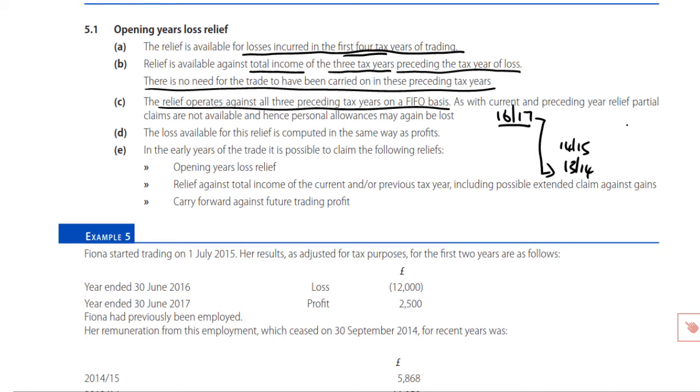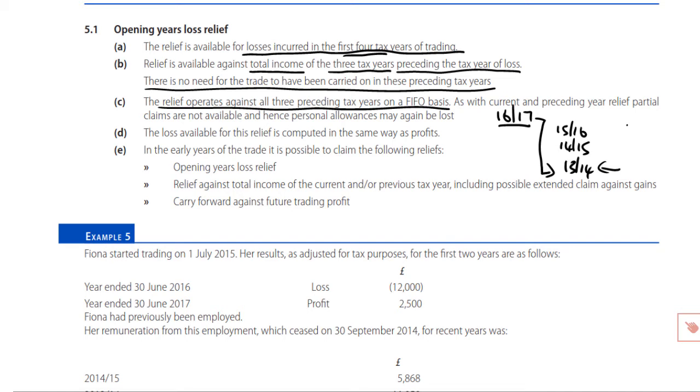And not that it's likely, but if the loss was bigger again than the total income in 14-15, you'd then come through to 15-16. So there are your preceding 3 tax years, and we go on a first in, first out basis. 13-14, followed by 14-15 if necessary, followed then, if necessary, by 15-16.